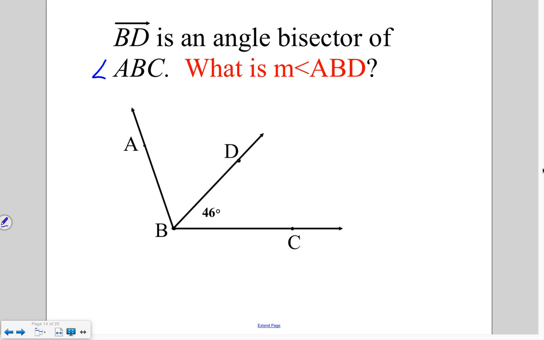What is the measure of angle ABD? Well, we know that the bisector tells us these angles are congruent. So angle DBC is 46 degrees. So is angle ABD, 46 degrees.